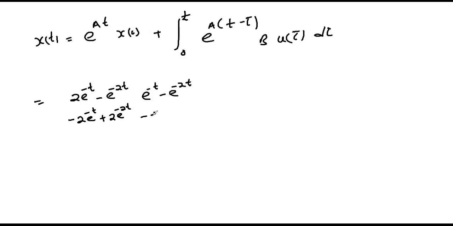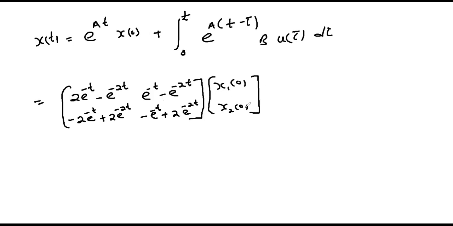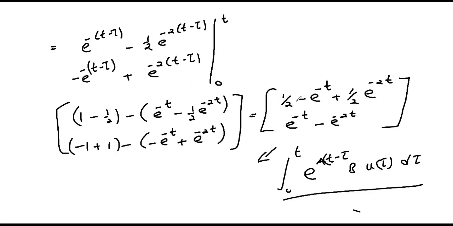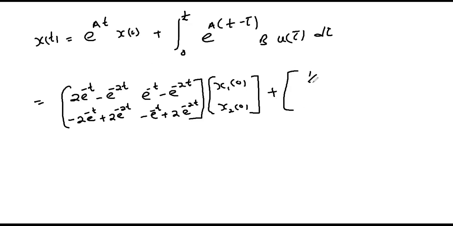The other term was minus exponential negative t plus 2 exponential negative 2t. This one we multiply by x1 of 0 and x2 of 0 plus this integral, which we have evaluated to this part, and this will be equal to plus a half minus exponential negative t plus a half exponential negative 2t.